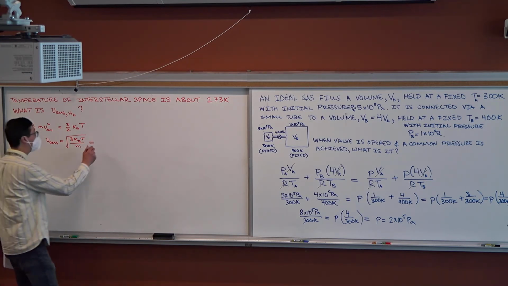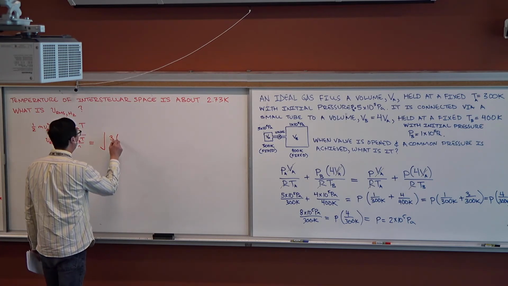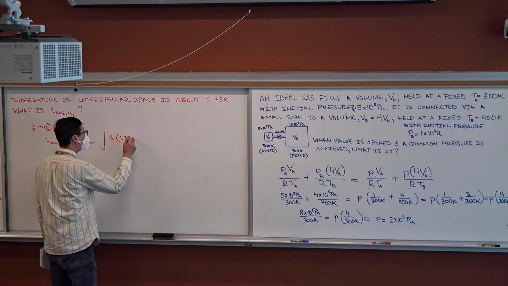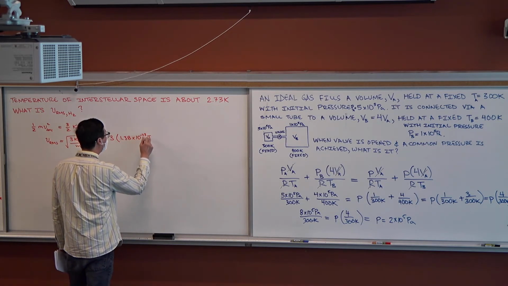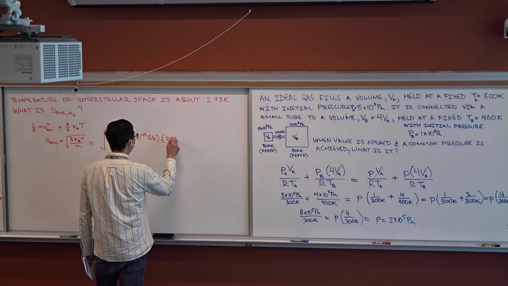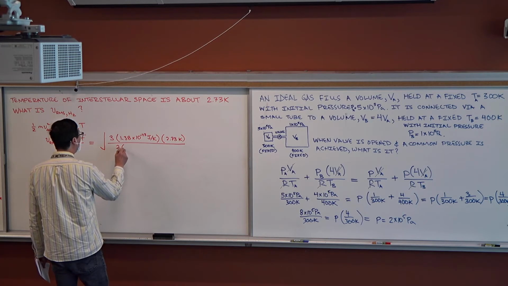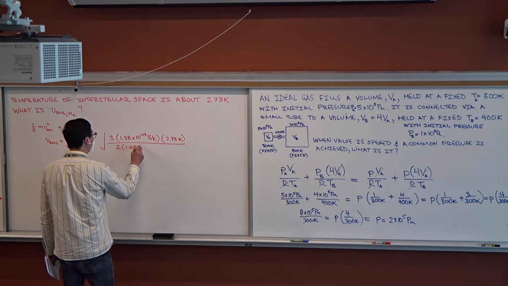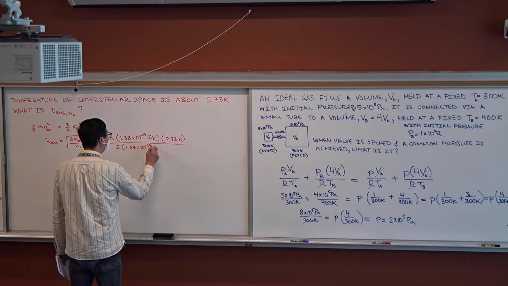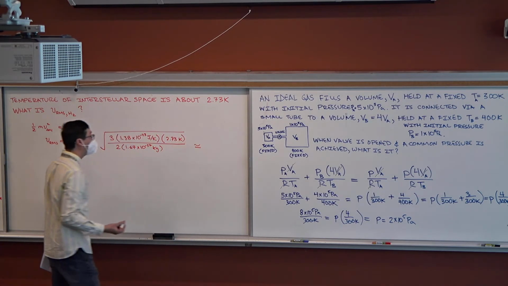So three times 1.38 times 10 to the minus 23 joules per Kelvin times 2.73 Kelvin, divided by 2 times 1.67 times 10 to the minus 27 kilograms.